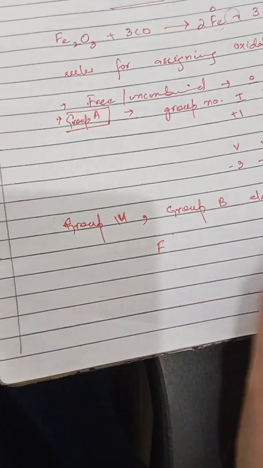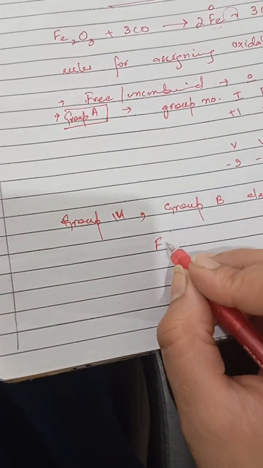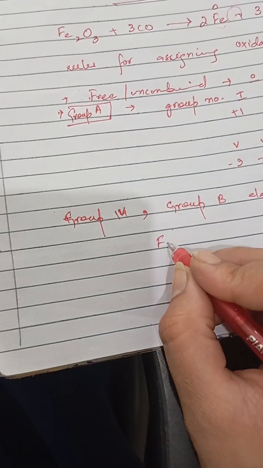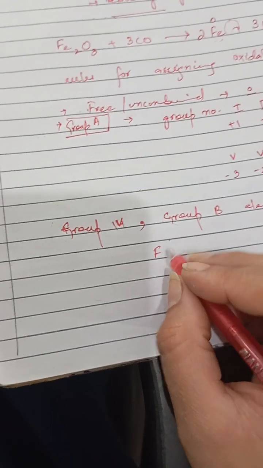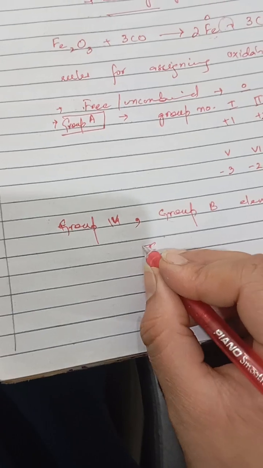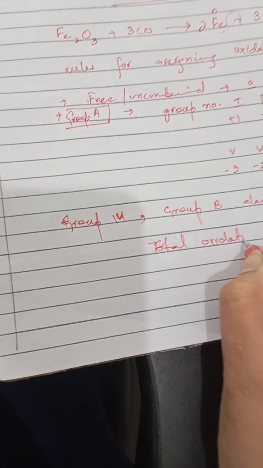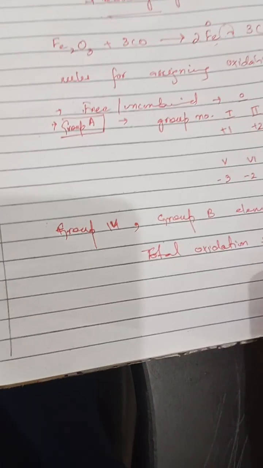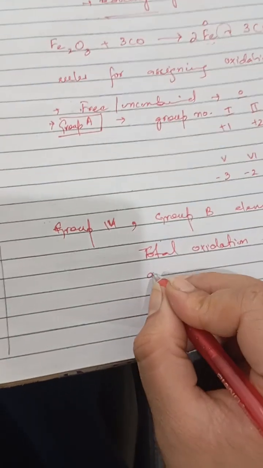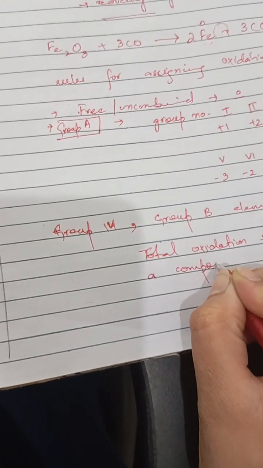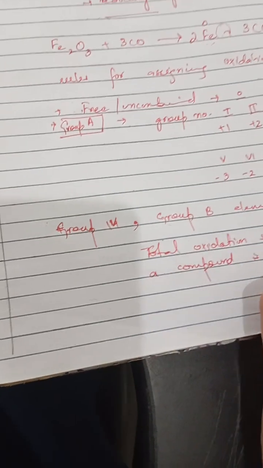For group B elements, the oxidation states are calculated by the formula in which we have studied that the total oxidation state of a compound is 0.